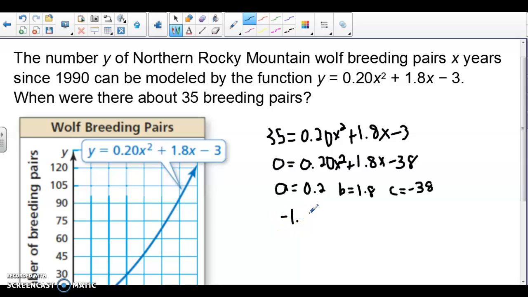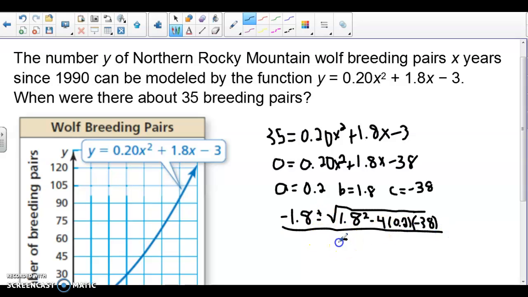So we have the opposite of b, plus or minus the square root of b squared, which is 1.8 squared, minus 4 times a times c, and that's all going to be over 2a, which would just be 0.4.